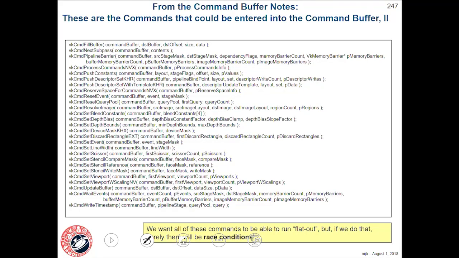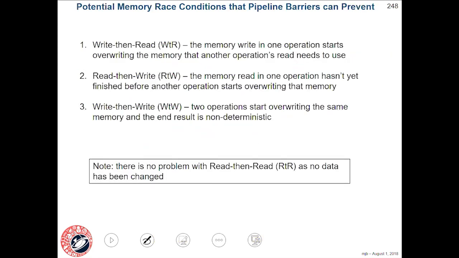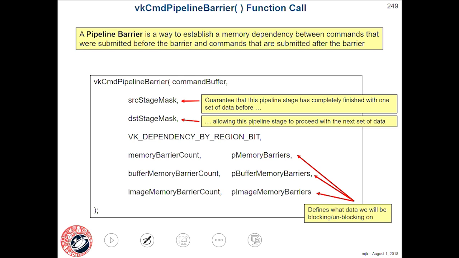This is where pipeline barriers are just so interesting. Okay, so there's race conditions. This is the example: I'm trying to do something right away, but the thing I'm waiting for hasn't finished yet. If I don't do a pipeline barrier, I'm going to start using it anyway, even though it's not there.